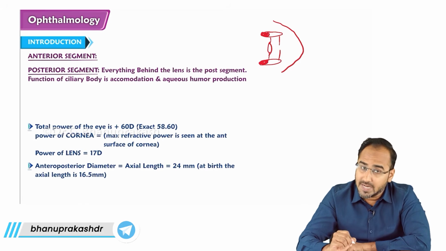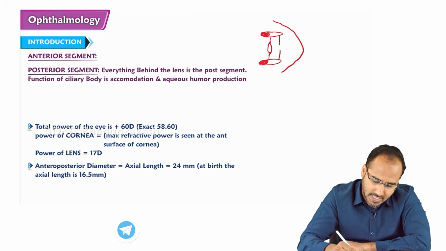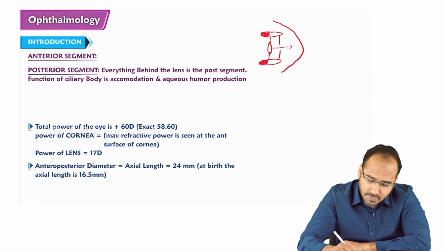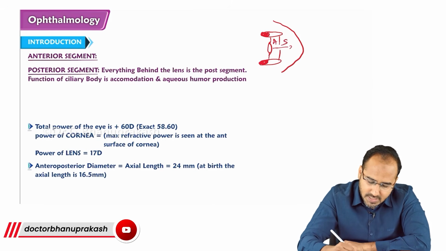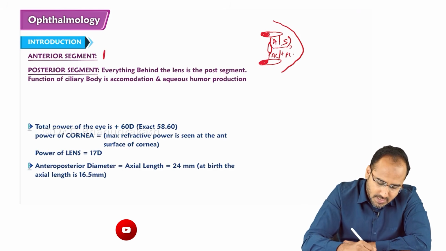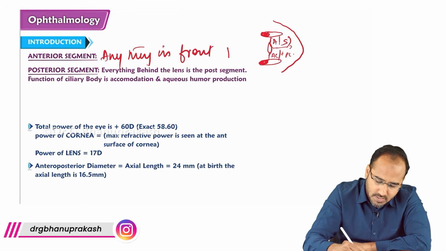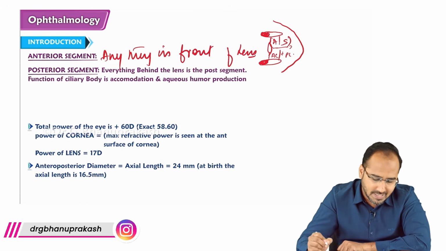So anterior segment, I'm not talking about the anterior chamber. Anterior segment means anything which is in front of the lens. Anything in front of the lens is called the anterior segment.